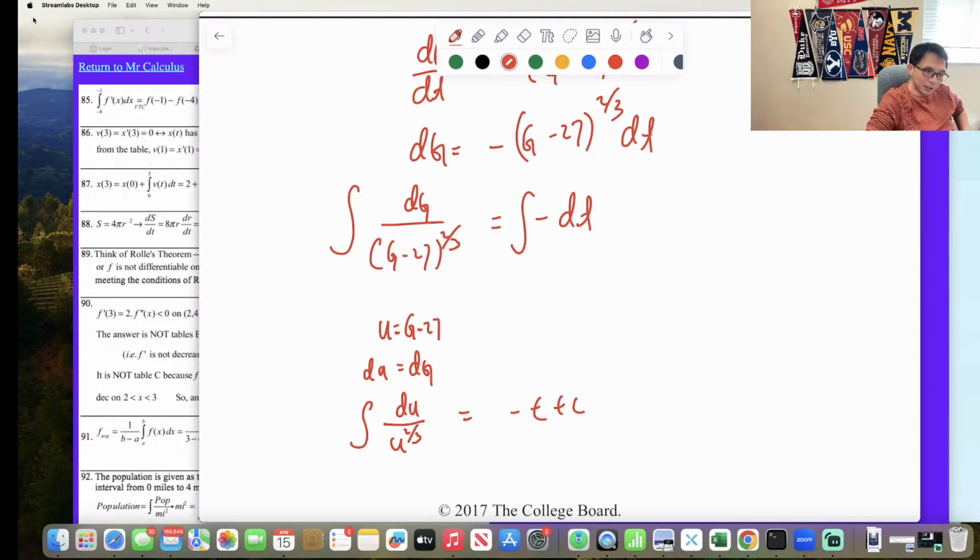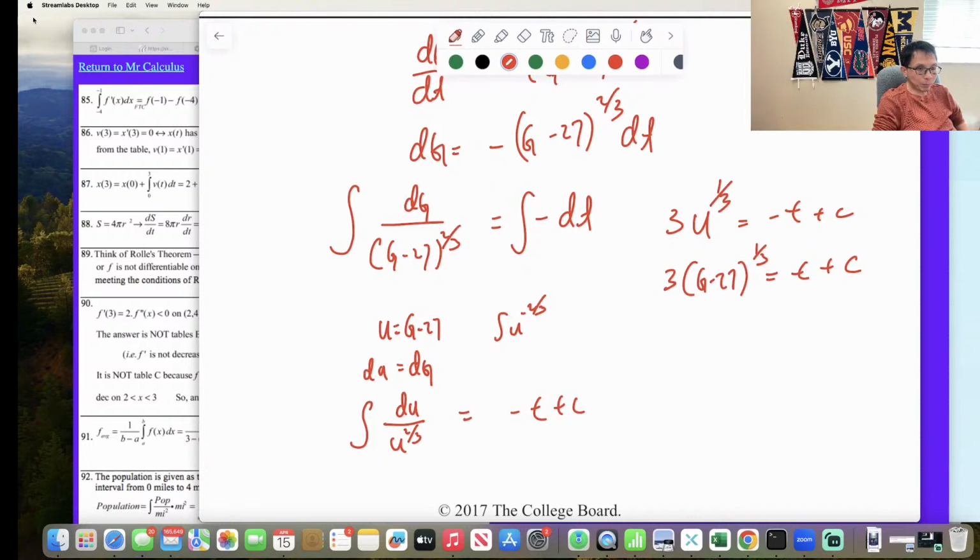Now this is going to be 3u to the 1/3, because the integral of u to the negative 2/3 is u to the 1/3 times 3. So 3 times (g minus 27) to the 1/3 equals negative t plus c.